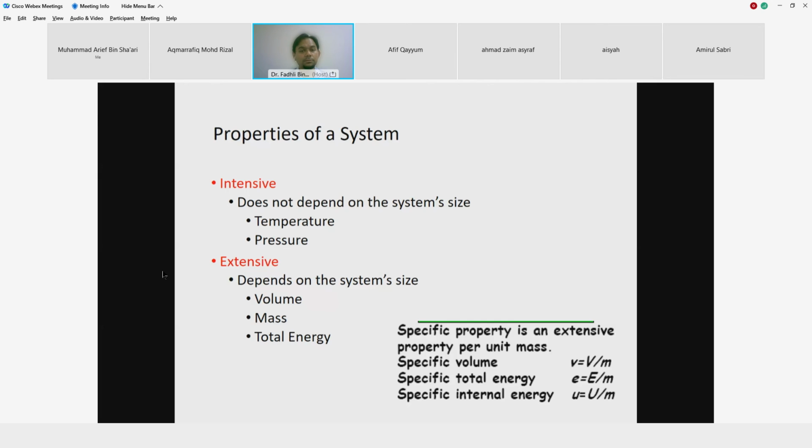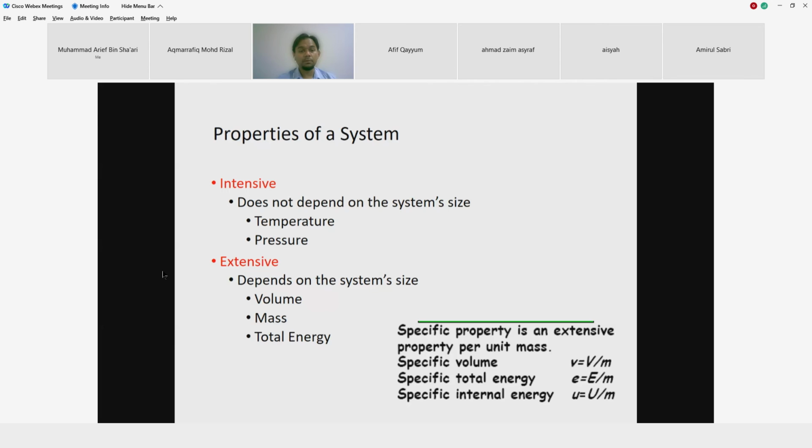Now, go further. The properties themselves have their own types, their own categories. The first category is intensive. The second category is extensive. Intensive means the property does not depend on the system size. For example, temperature.